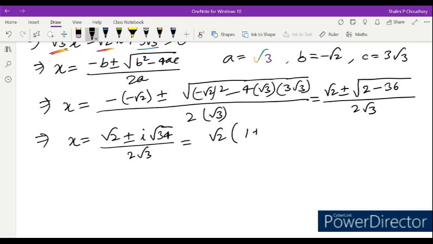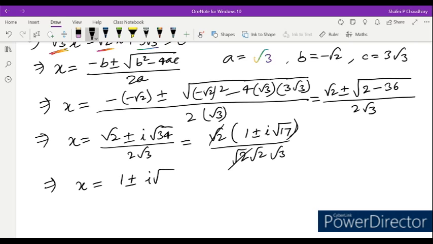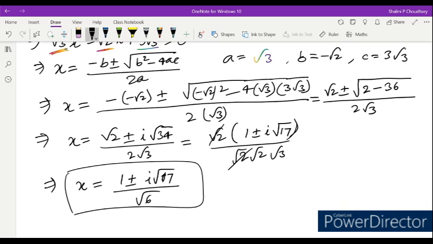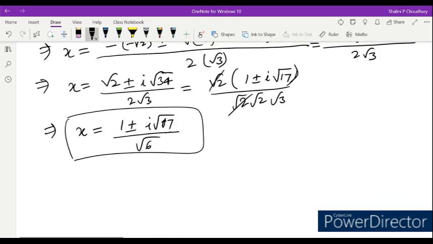So we'll get 1 plus minus I square root of 17 divided by 2. 2 means square root of 2 into square root of 2 into square root of 3. So we can cancel. So the 2 roots of x will be 1 plus minus I square root of 17 divided by square root of 6.